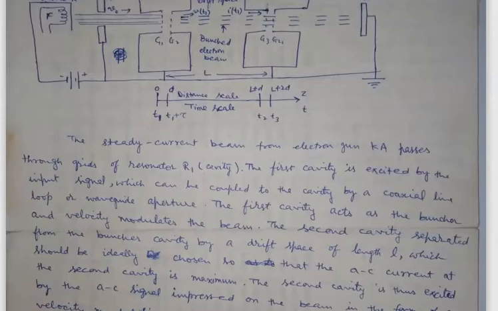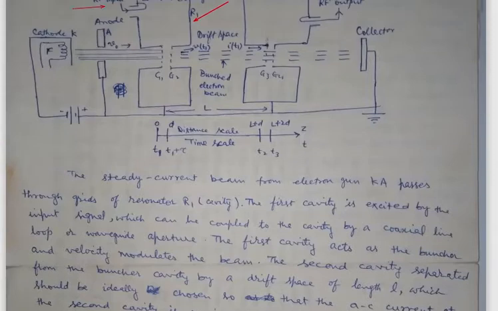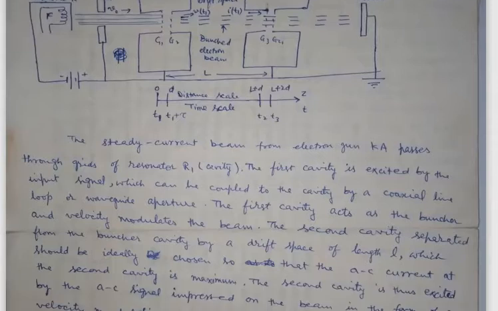The second cavity, separated from the buncher cavity by a drift space of length L, which is shown here in the figure, should ideally be chosen so that the AC current at the second cavity is maximum. So this is the basic principle.